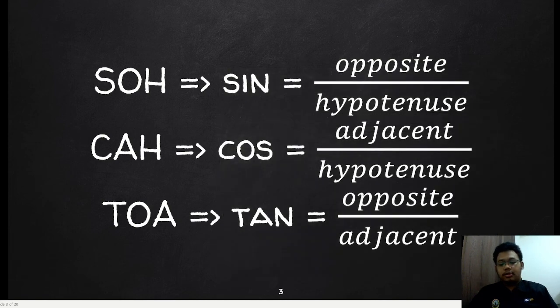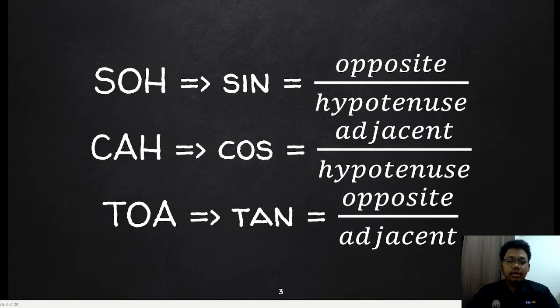Alright, so SOH is particularly sine equal to opposite over hypotenuse, where the value of sine in a triangle is technically opposite over hypotenuse, and for the cos of any angle it will be adjacent over hypotenuse on a triangle, and tangent is opposite over adjacent on the triangle.